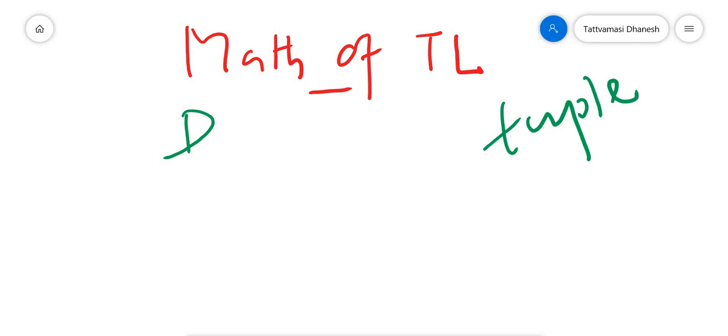It consists of a feature space, which I already told you about. The feature space is denoted by the letter psi, and the marginal probability P of x.